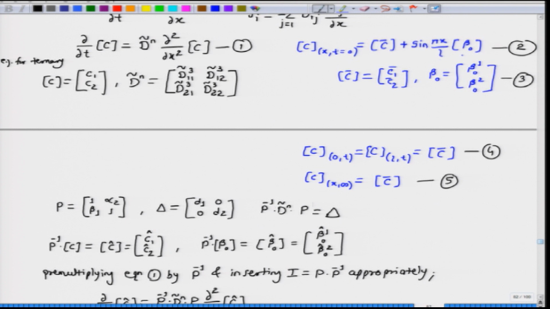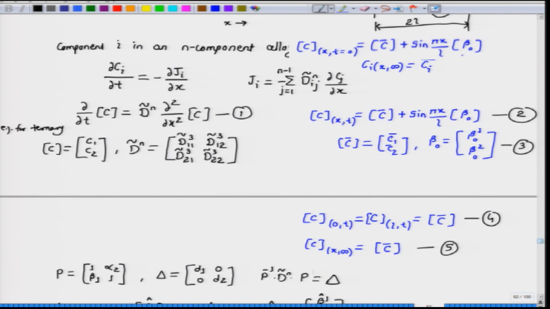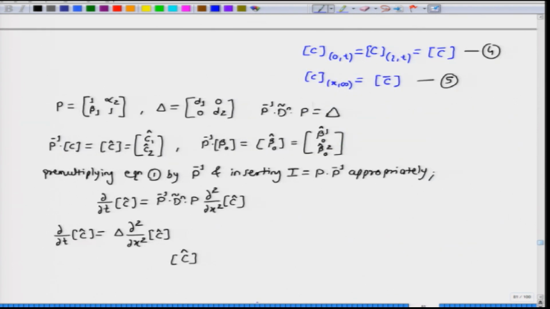So we can write the initial condition as C cap at x and t equal to 0 should be equal to C bar cap plus sin(πx/L) beta 0 cap.